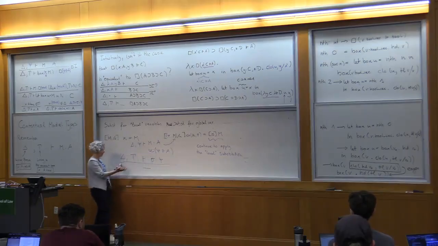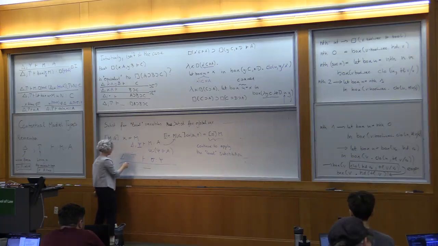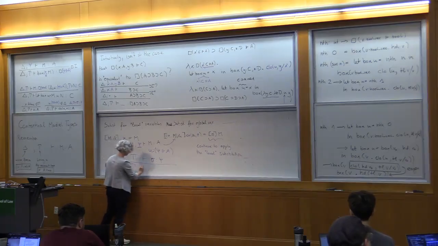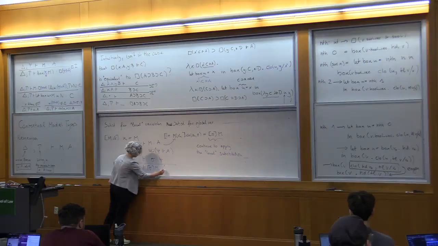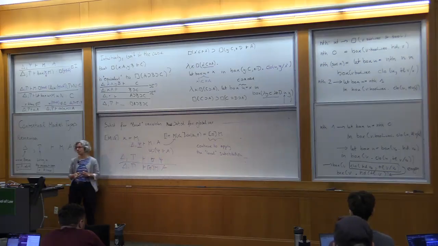So that means in the end, when we apply this, we have a context switch back to gamma. We get it back into gamma.